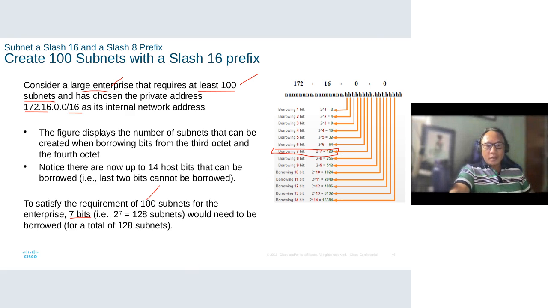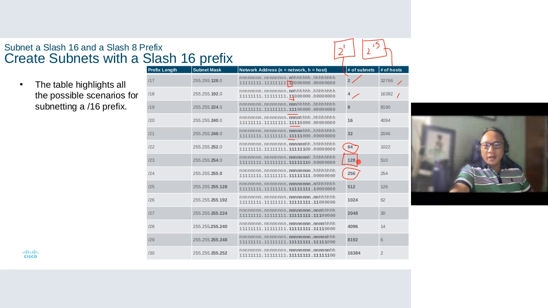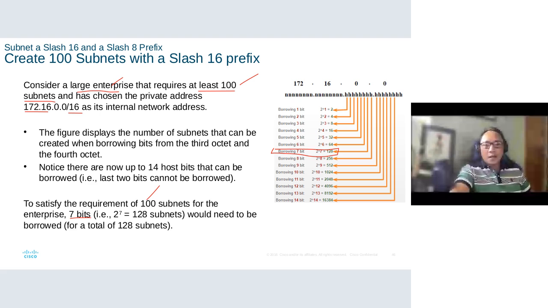Alright? And kung babalikan mo yung table, ang ibig sabihin ng 128 subnets, pwede kang maglagay ng 512 addresses per subnet minus 2 para sa network and broadcast. So, ibig sabihin ang hinahanap palang requirement is bawat subnet ay merong 500 host. At least 100 subnet na merong 500 na host bawat subnet. Alright? So, yun po yung tinutukoy dyan.